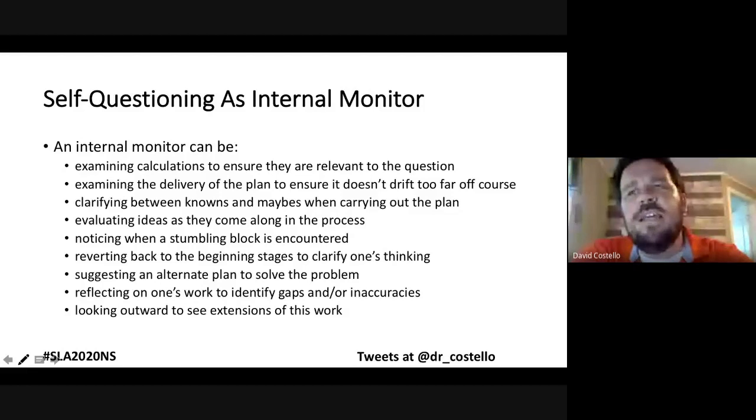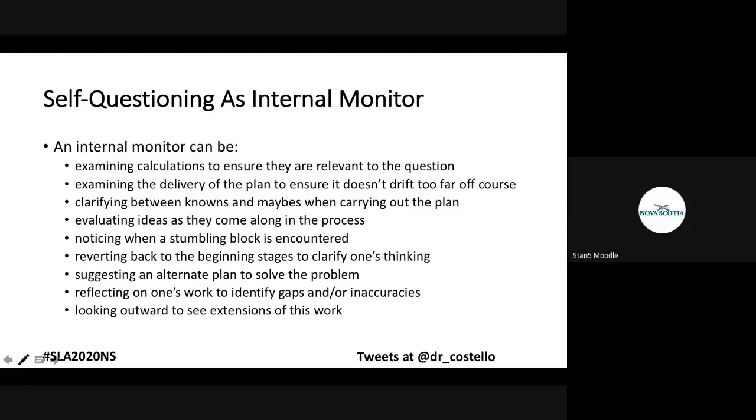And I want you to think about this. Out of this list of 9, which is one of your strengths? Which aspects of this internal monitoring can be one of your strengths? And on the flip side, which of these 9 points would be one area that you would love to strengthen for yourself?